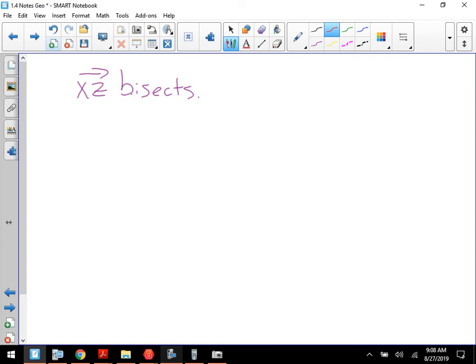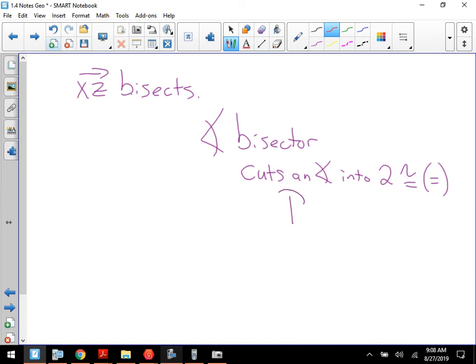An angle bisector cuts an angle into two congruent equal parts. Kind of like a segment bisector or a midpoint. So if your whole angle is 60 degrees and it gets cut in half, what is each part going to be? 30s. An angle bisector just cuts an angle into two congruent angles.